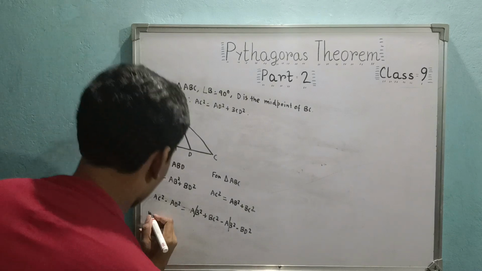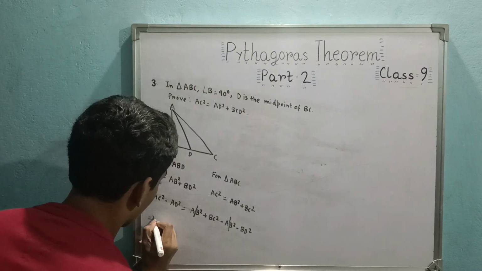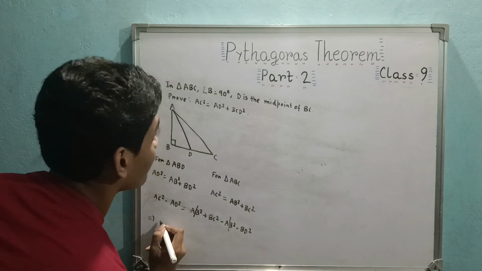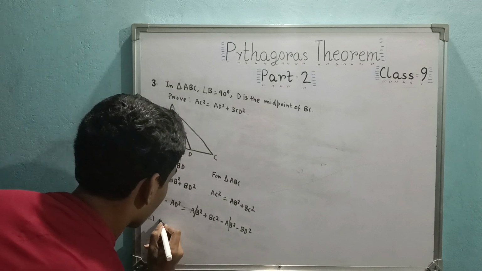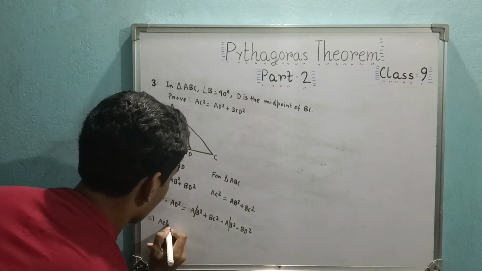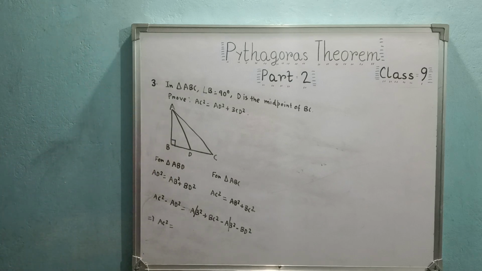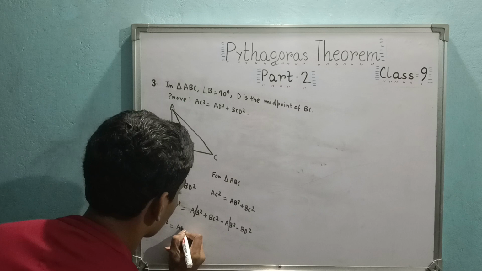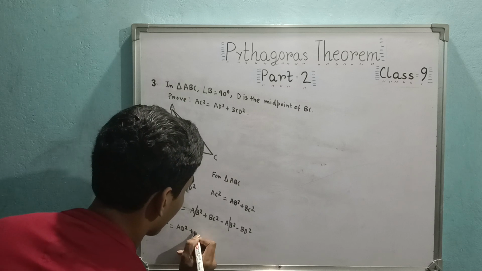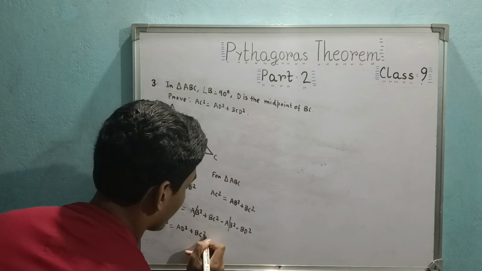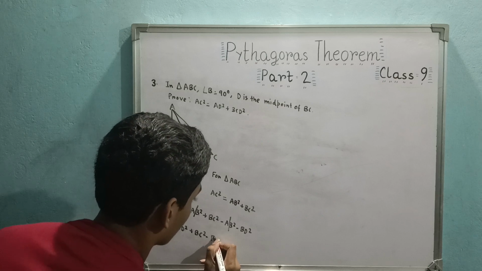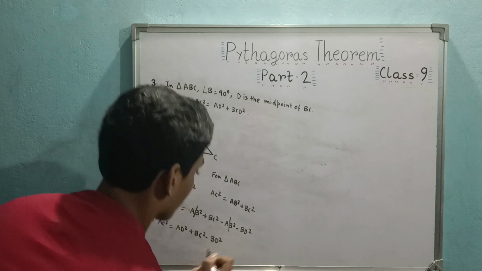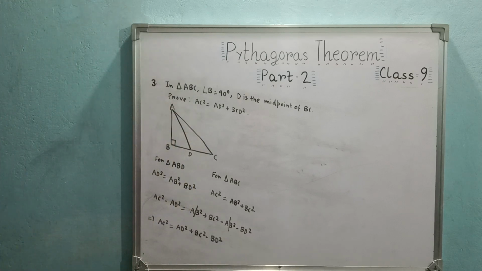Okay. Or AC square equal to AD square plus BC square minus BD square. Okay. That's fine. That is very well. Now see.